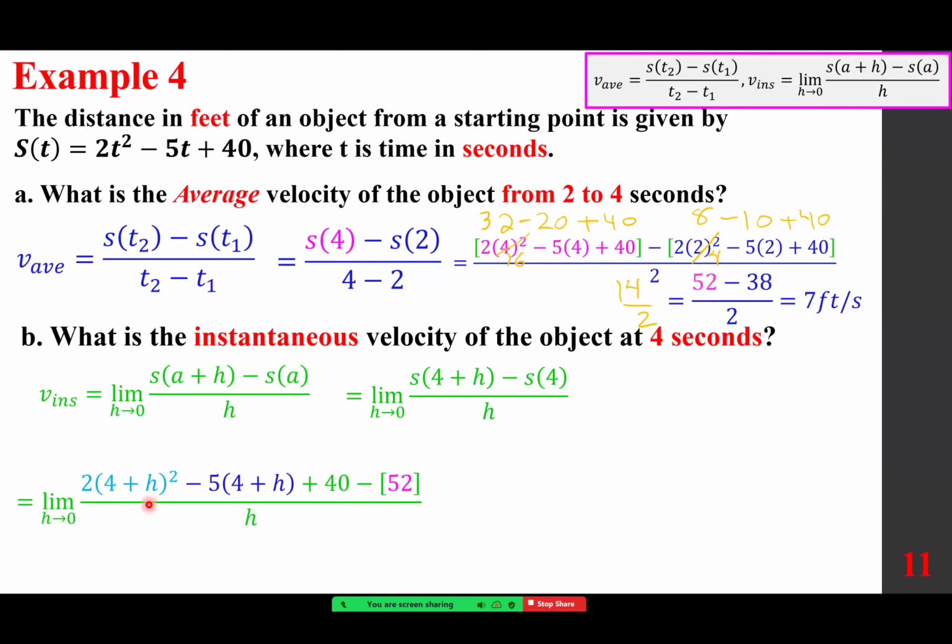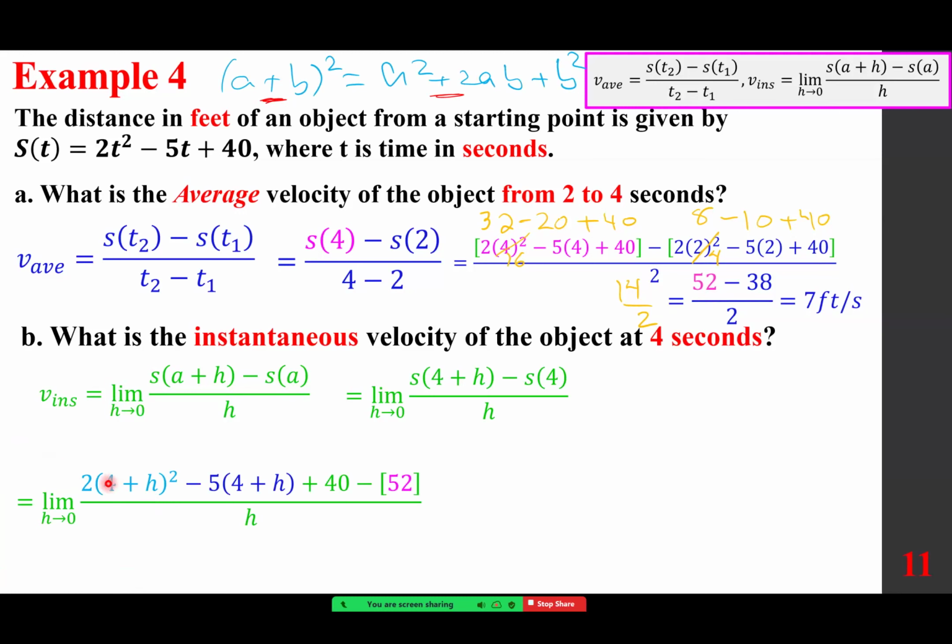4 plus h squared, again reminding you that if you want to square a plus b, you get a squared plus 2ab plus b squared. If we happen to have a negative sign here, it gives rise to a negative sign here.